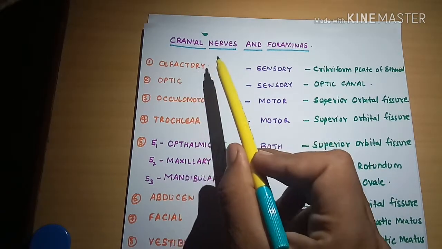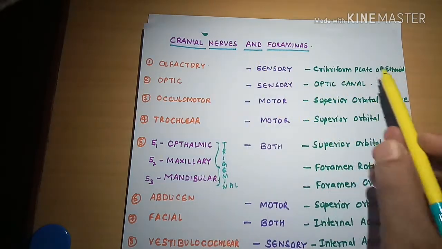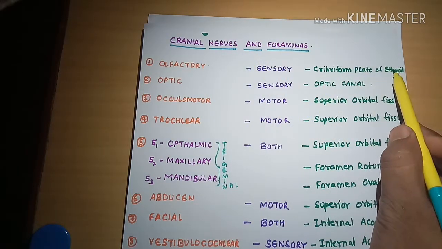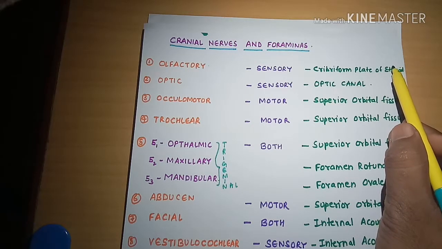The olfactory nerve, the first cranial nerve, passes through the cribriform plate of the ethmoid bone, which is present in the anterior cranial fossa.